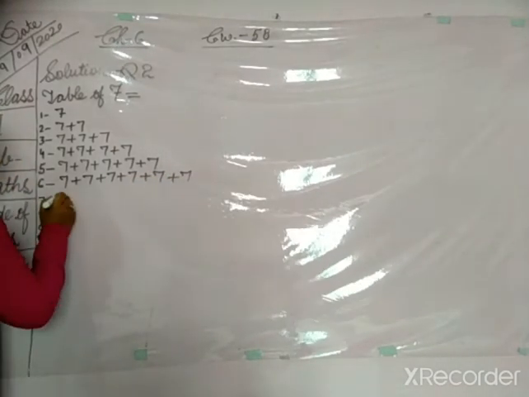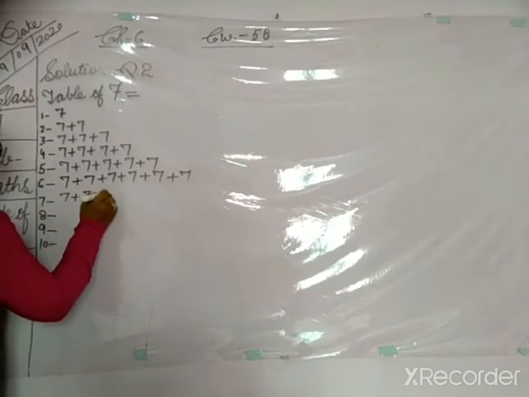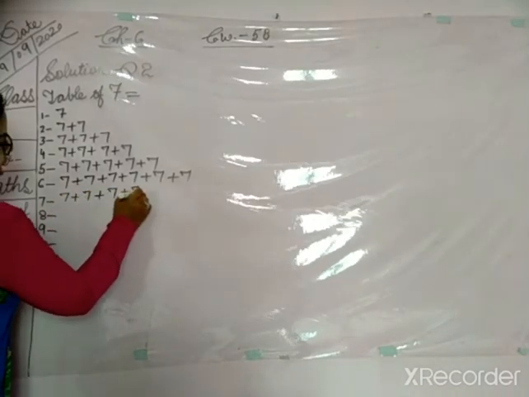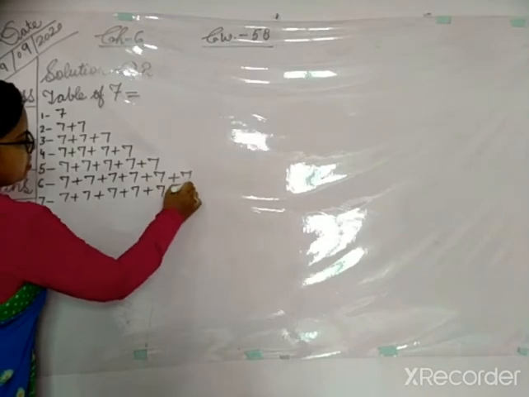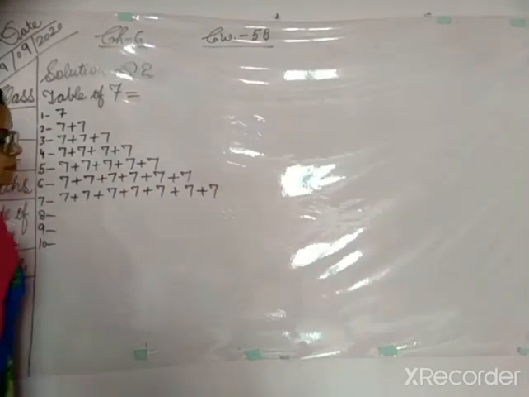Then 7 times 7, you have to write 7 plus 7 plus 7 plus 7 plus 7 plus 7 plus 7. Clear?